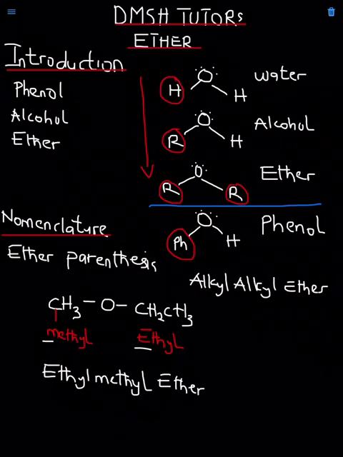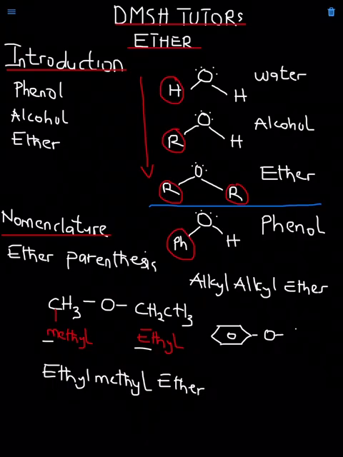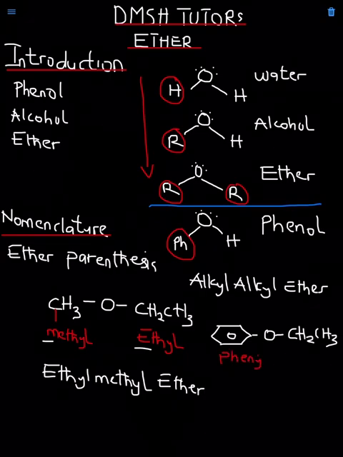Let's check another example. Let's say we have a benzene ring attached to oxygen. Let's check this compound. This is phenyl, am I right? And this is ethyl.